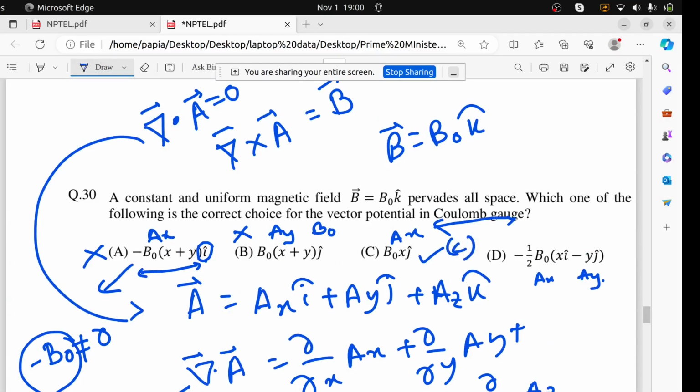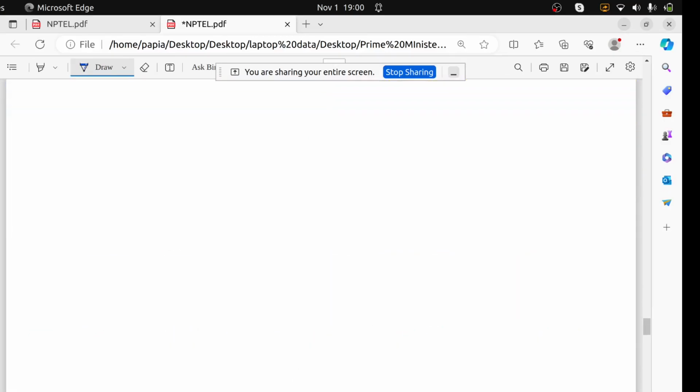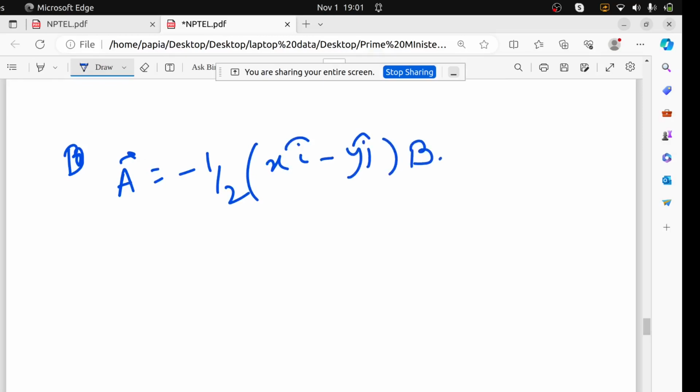What about D? Is it giving the correct one or not? Let me check. Minus b0 by 2 x I cap minus y j cap. Oh, sorry. Minus 1 by 2 x I cap minus y j cap is B, right?